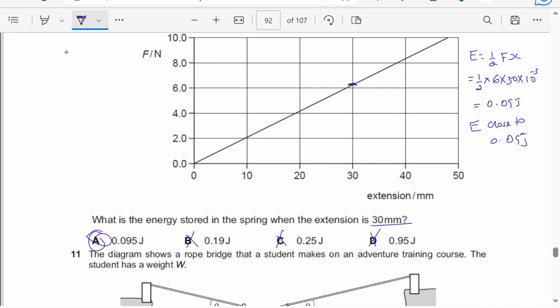So I used just 6 to get 0.09. So I know the energy must be close to 0.09. Actually, it should be greater than 0.09. Close to 0.09 and greater than 0.09. That's why the smallest here is 0.095. So the answer is automatically going to be A.